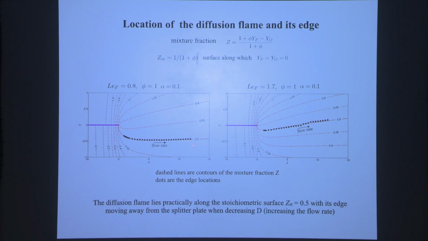And this is the stoichiometric value for the given condition, because you compute it from 1 over 1 plus phi. So if phi is specified here to be 1, then it gives you about 1 over 2, so it's half. So the edge will always be located along this line. And when you increase the flow rate, it's going to move further away.